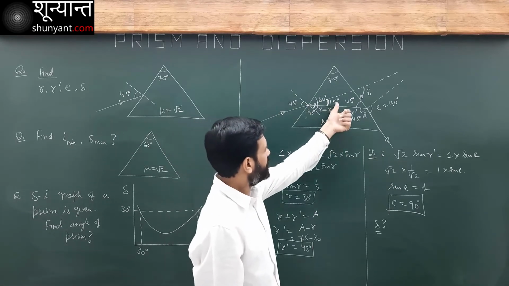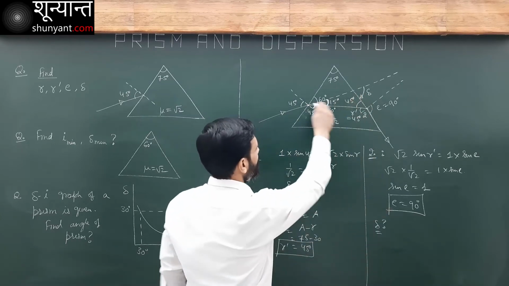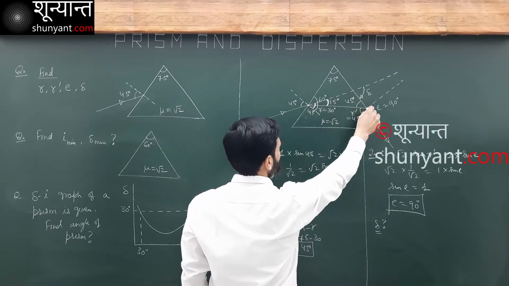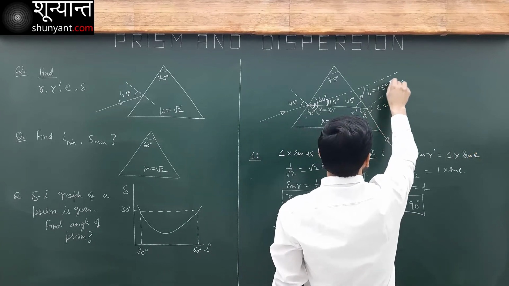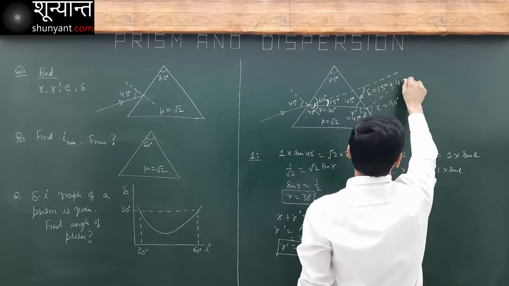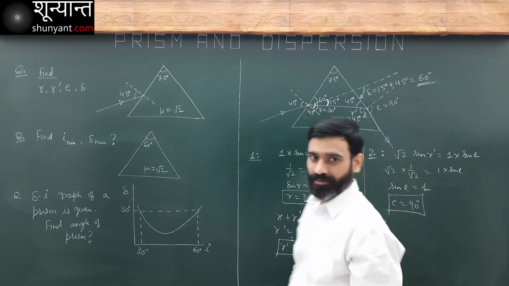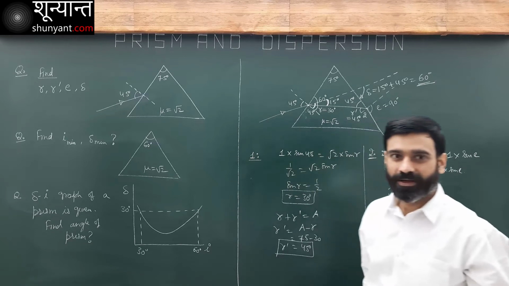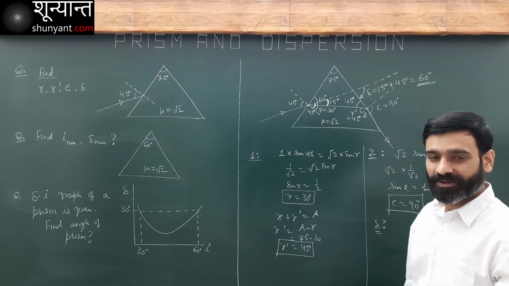Now, 15 and this is 45. So this delta is an external angle for this triangle here. External angle, okay? It is simply equal to 15 plus 45, which is 60 deviation.